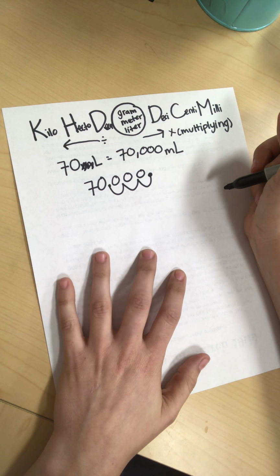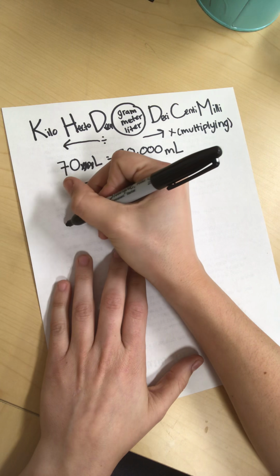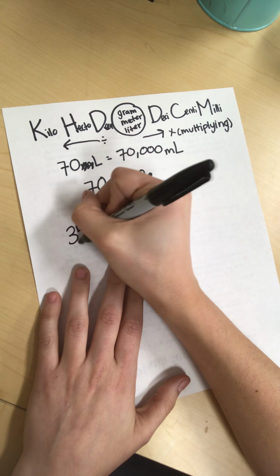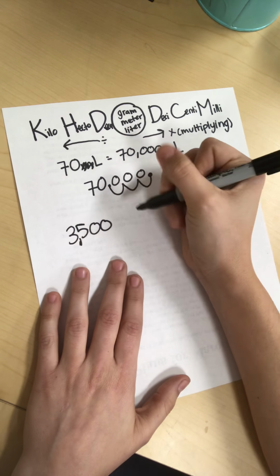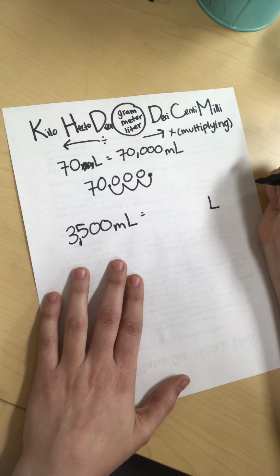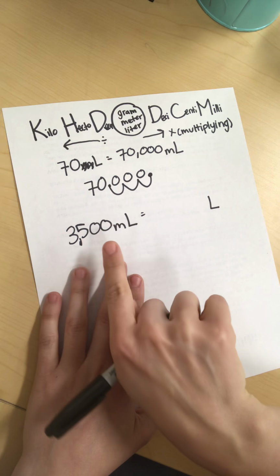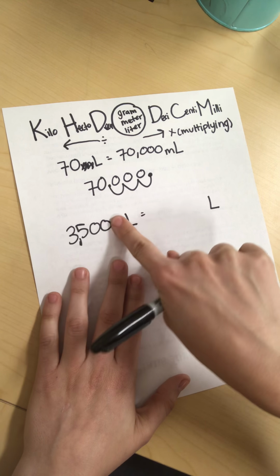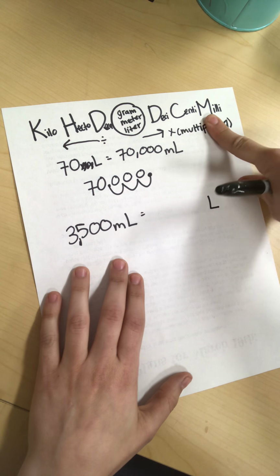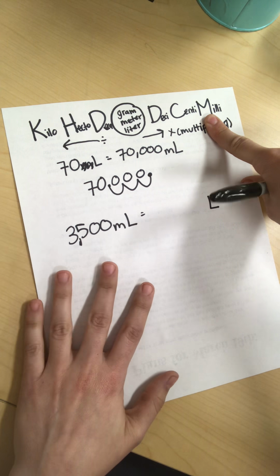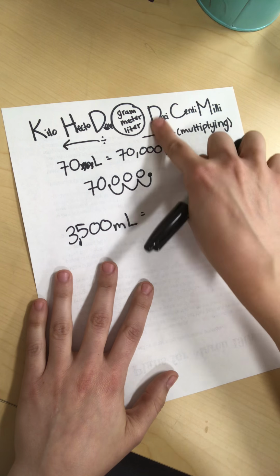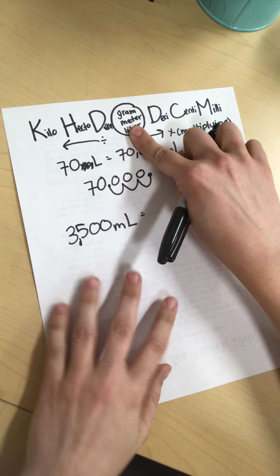Now, let's skip down to number 8. Number 8 says they want us to convert 3,500 milliliters into liters. So again, I'm going from milliliters to liters. So I am going to put my finger where the milliliters are, right up here. And I'm going to see how many times I move it over to get to the liters. 1, 2, 3. I moved it 3 times this direction.